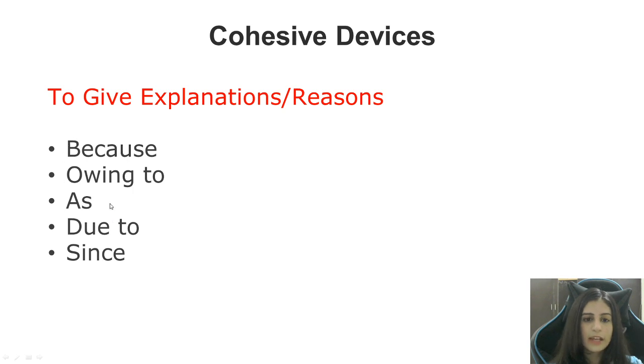So these are yet again very common words. We have been using these words ever since our childhood, during our school days, and throughout our adulthood. These are very common words and these exist in our sentences even without any conscious effort. So you end up using because, owing to, as, due to, since in a very comfortable manner.